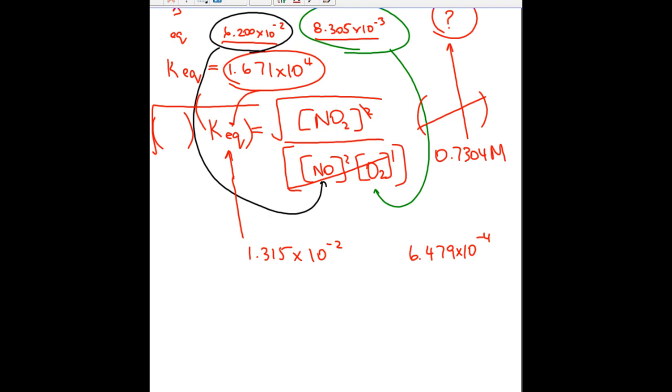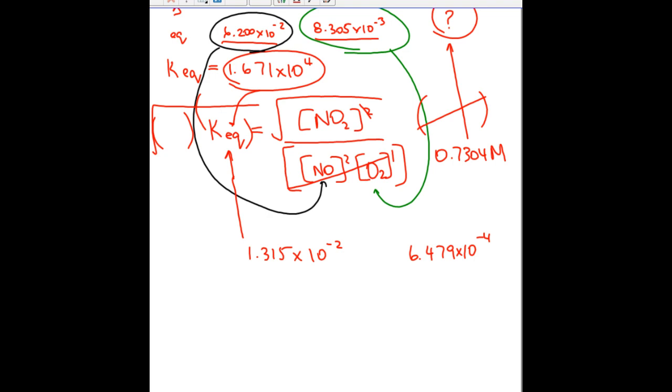So that means that this reaction prefers to go to the right, and it favors NO2, or the production of NO2. In B, when the K equilibrium is less than 1, what that means is that the reactant side is favored above the product side.